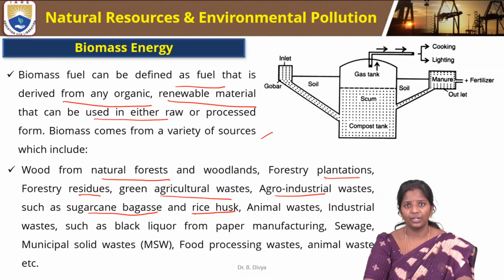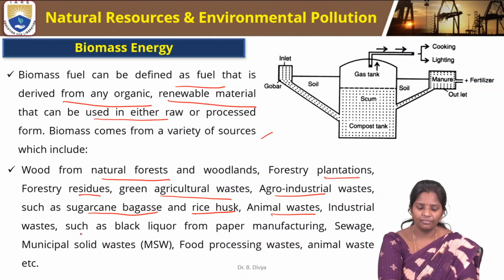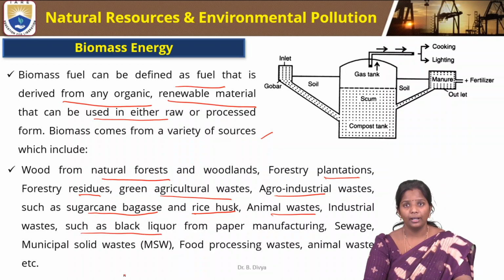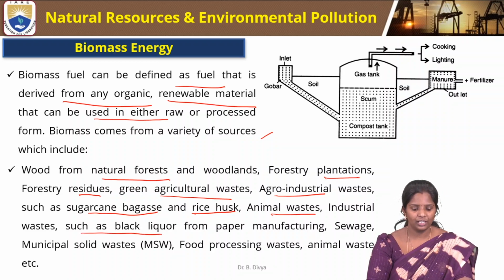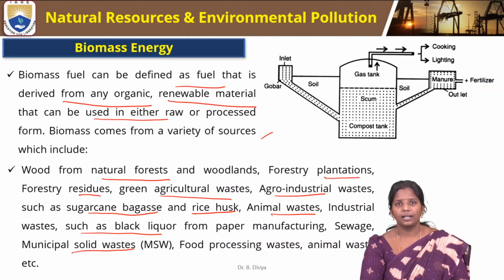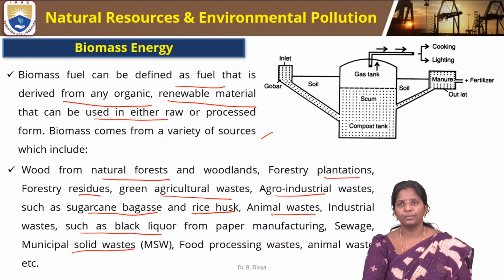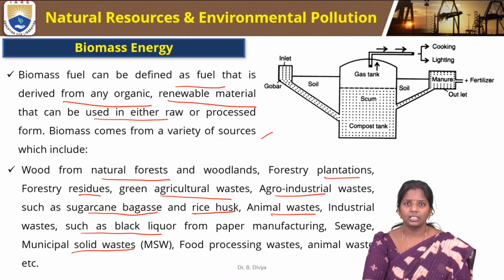This husk is waste, and it can be used for generation of energy or fuel. Animal waste, industrial waste such as black liquor from the paper industry, sewage like municipal solid waste, and also food processing waste can be used. All these come under the sources. There should be proper technology and the provision to divert these into a proper plant and produce the energy or fuel for a purpose.